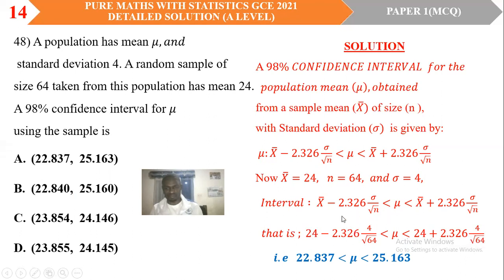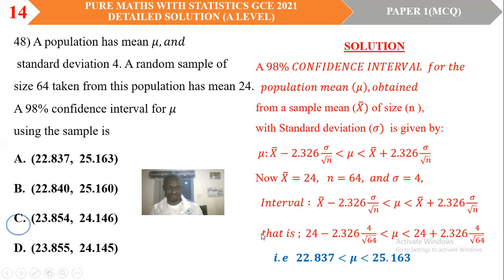And this simplifies, if we use our calculators, to 22.837, and this other one simplifies to 25.163, which means that the population mean mu lies in the interval 22.837 and 25.163, which is an open interval.